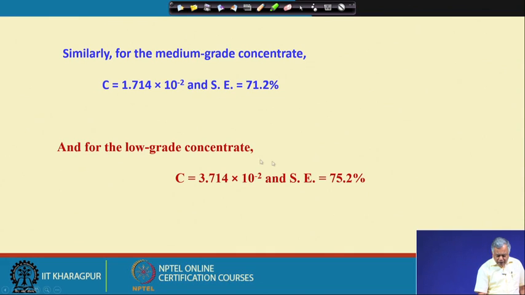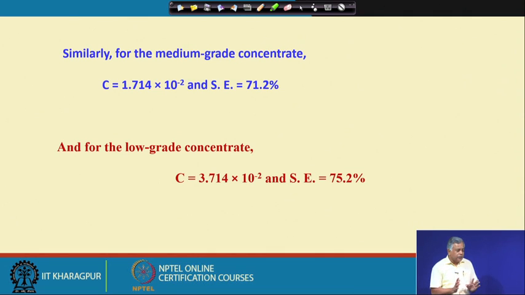Similarly, for the low grade concentrate, you get a capital C equal to 3.714 times 10 to the power minus 2, and a separation efficiency of 75.2%. Now compare the separation efficiencies: 61.8%, 71.2% and 75.2%.